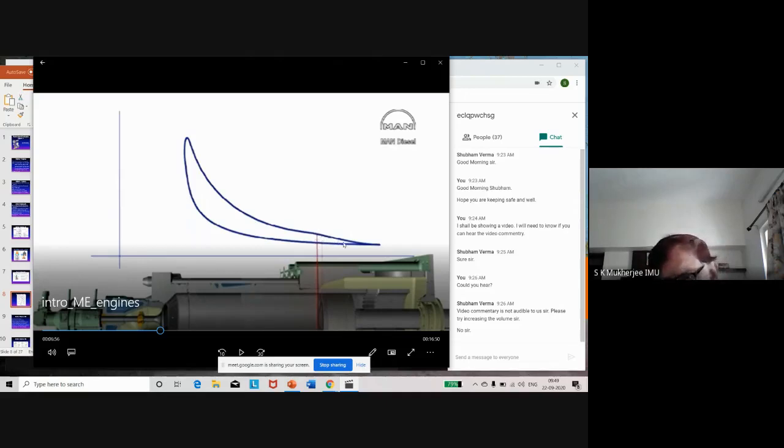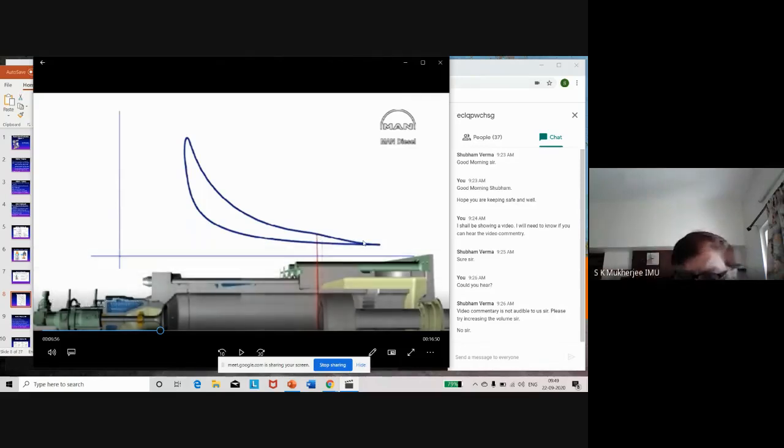This diagram is not so clear, but the diagram I have given you earlier in the first PowerPoint will indicate the rapid drop in pressure, because the exhaust valve opens when there is still some pressure above the atmospheric inside the cylinder. So the moment the exhaust valve opens, or in the case of an exhaust port, when it opens, there's a rapid rush of the exhaust gases outwards.